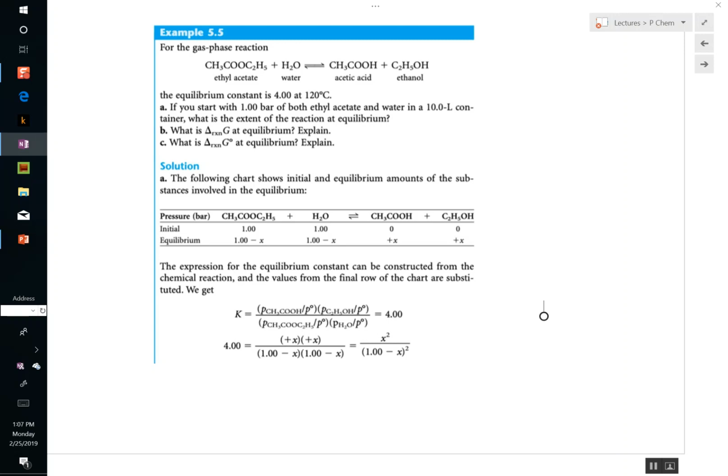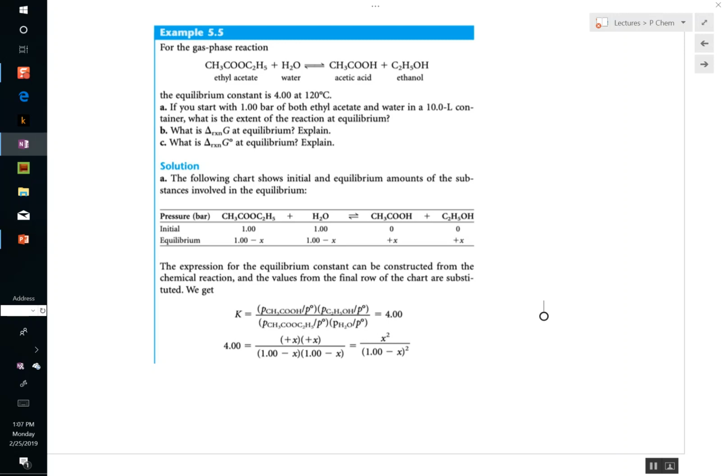If you start with 1 bar of both ethyl acetate and water in a 10-liter container, what is the extent of the reaction at equilibrium? What is the delta G of the reaction at equilibrium? And what is the delta G naught at equilibrium? Explain.